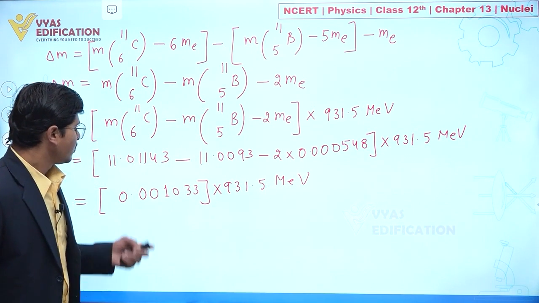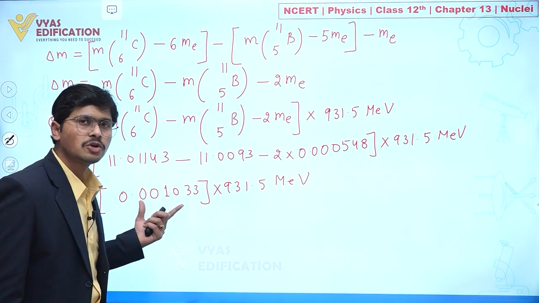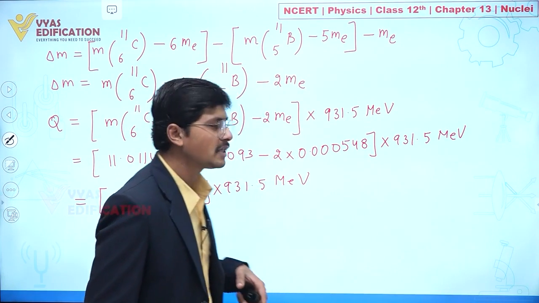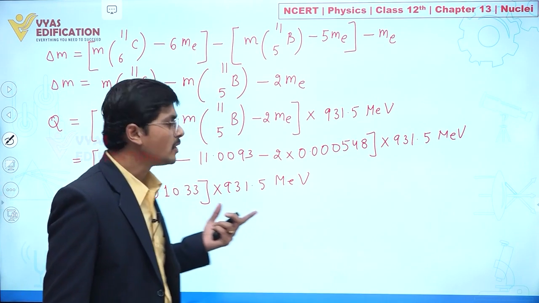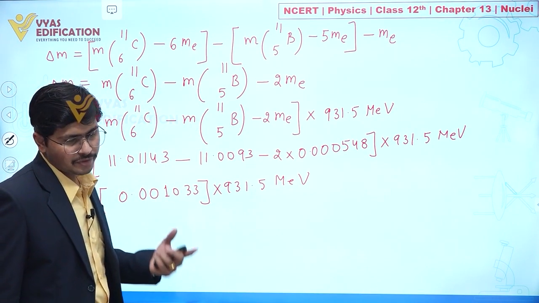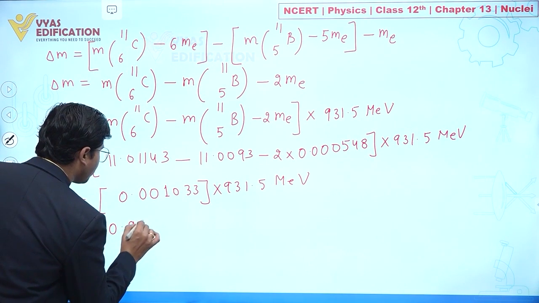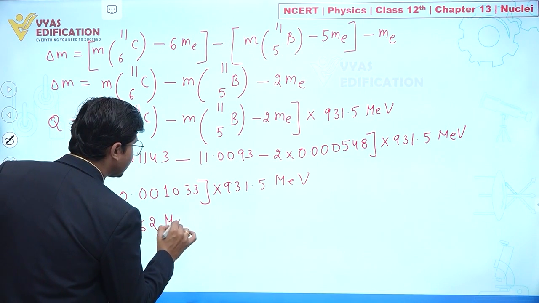Now if we find the near about value, let's suppose this is 0.001, so when we remove the decimal, this is 1 divided by 1000, so if you divide by 1000, near about 0.9315 million electron volt energy you will get, clear. So the final answer that you are getting is 0.96 million electron volt.